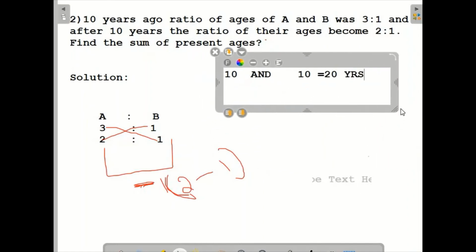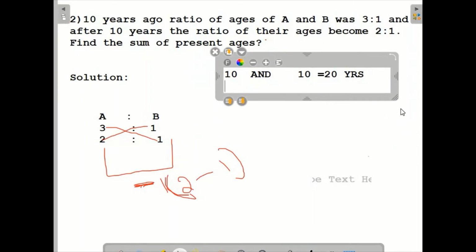So we have to calculate first. So 20 into 2 minus 1 divided by 3 into 1, minus 2 into 1.